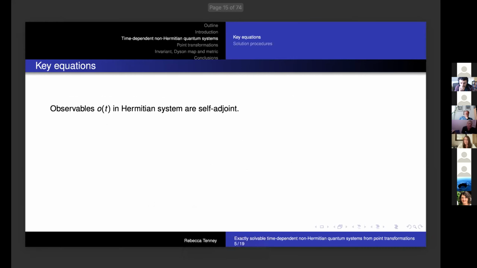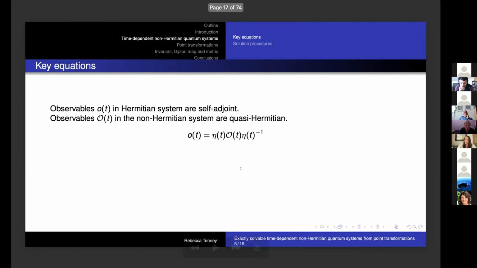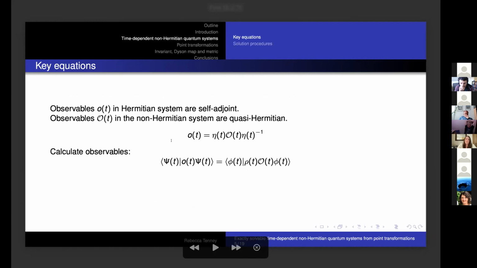So we know that in the Hermitian system, observables, so little o of t, are self-adjoint. In the non-Hermitian system, they are quasi-Hermitian, and are in fact related to those in the Hermitian system through this similarity transformation here. And we can actually standardly calculate observables through this equation here.